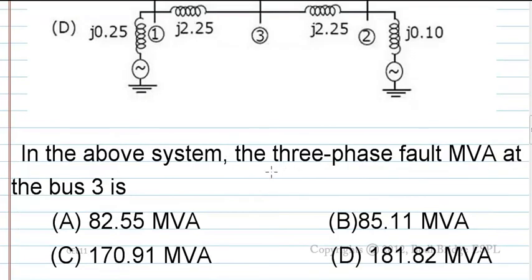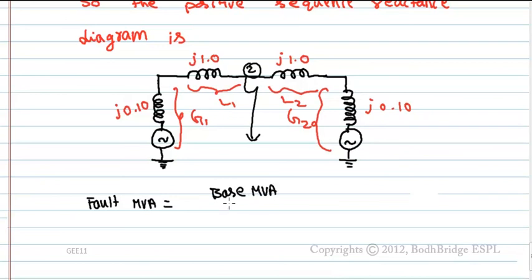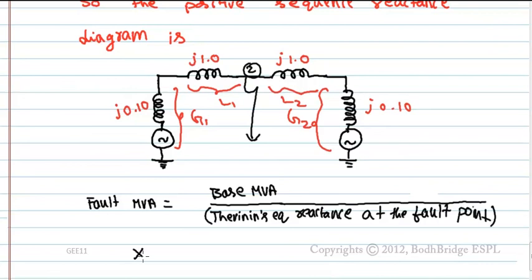In the same circuit, a three-phase fault has occurred. In the second question, a three-phase fault has occurred at bus 2. Fault MVA equals base MVA divided by Thevenin's equivalent reactance at the fault point. So, X Thevenin is the reactance seen from this point.